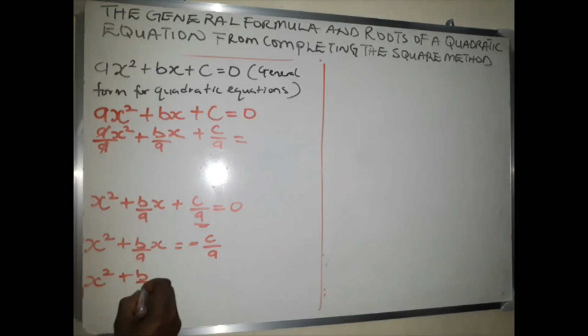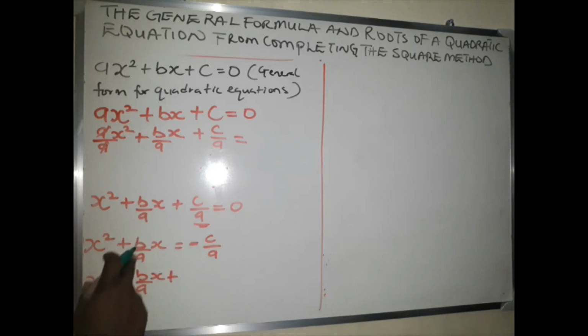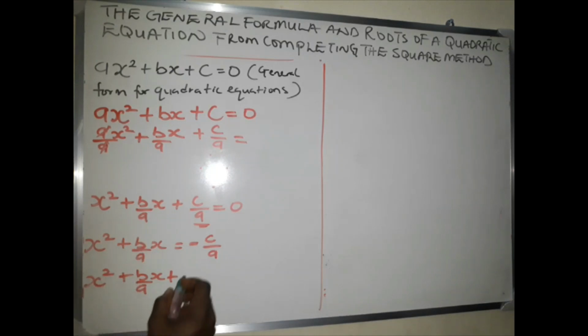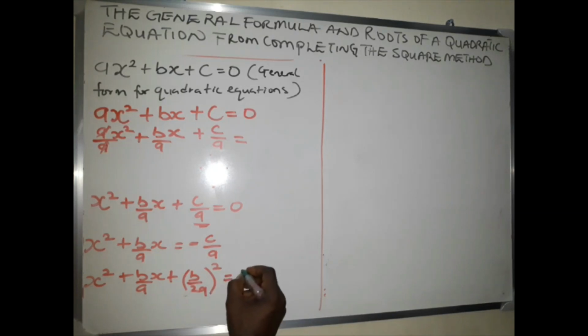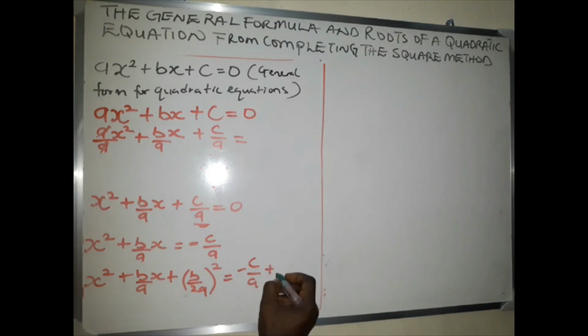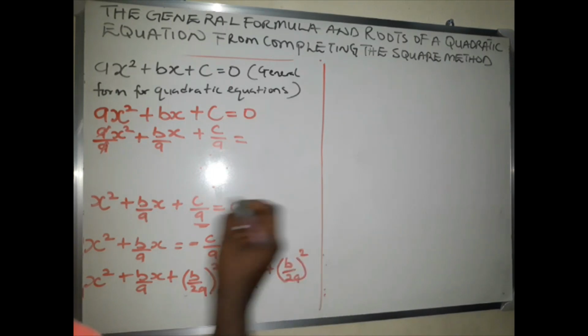If we divide b over a by 2, we're going to get b all over 2a, squared. We do the same thing on the right hand side: minus c over a plus b all over 2a squared.